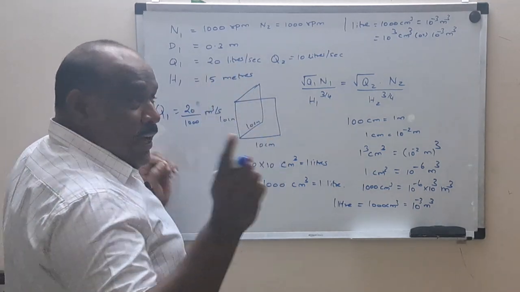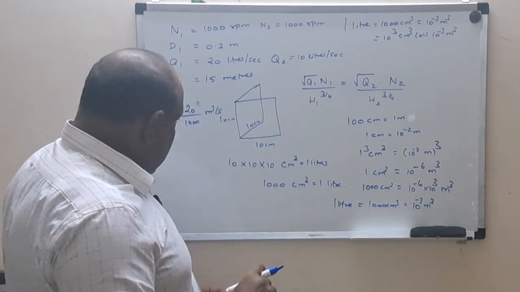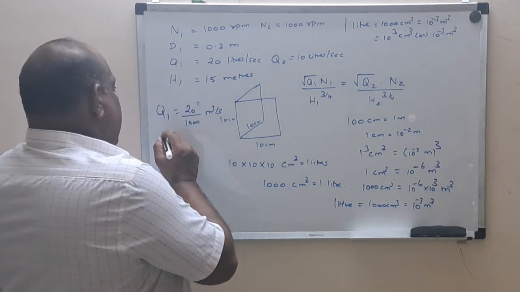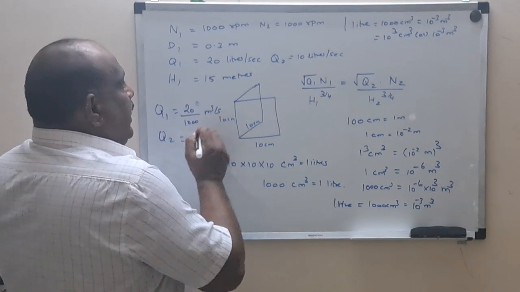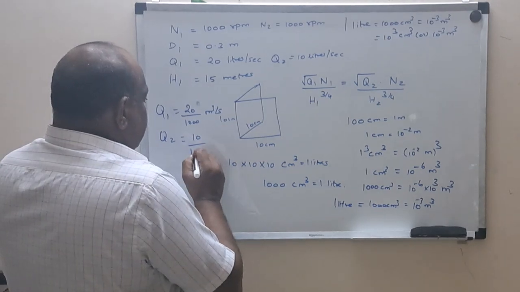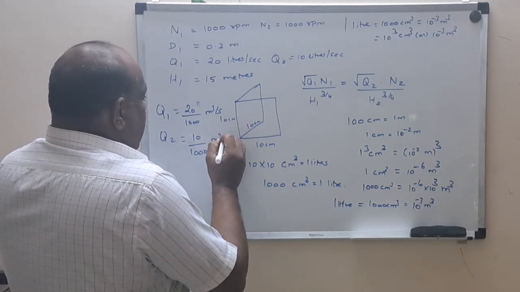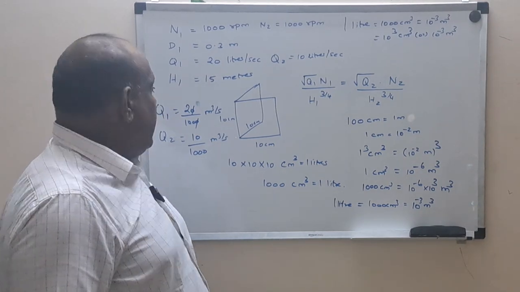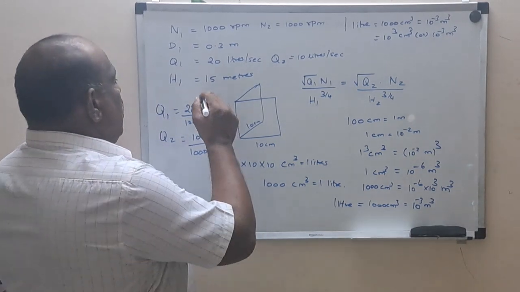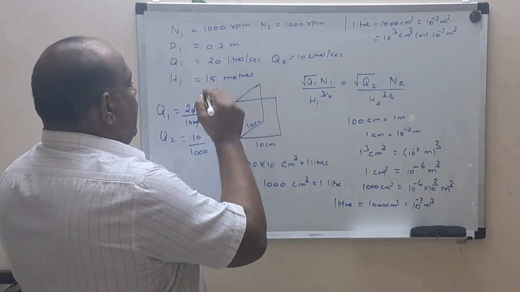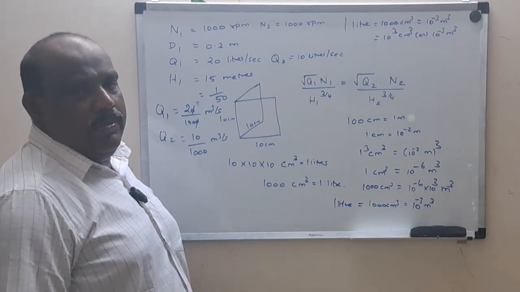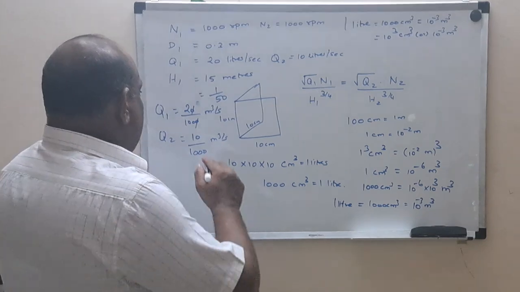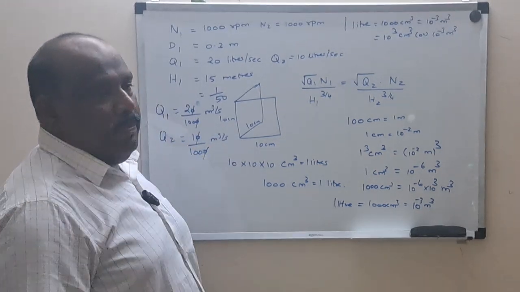First your idea should be converting liters per second into meter cube per second. Q2 is 10 liters per second, so 10 by 1000 meter cube per second. So we get 2 by 100, which is 1 by 50, and here 1 by 100.